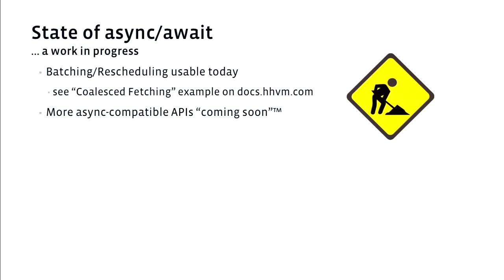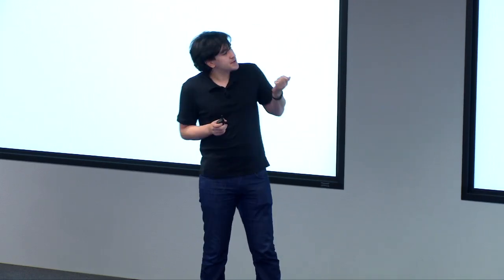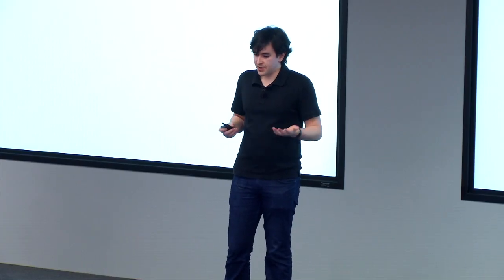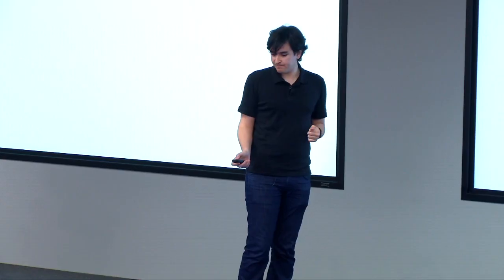And there's some more async-compatible APIs that we hope to open up soon. Those would be async querying of MySQL and some stuff with memcache. So the nice thing about the batching and rescheduling is that it allows you to interact with synchronous APIs today, but in a more efficient way, since you're able to batch together the calls to those APIs. So it already provides some value, and it'll provide more in the future.